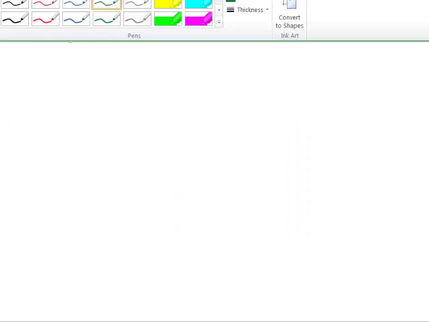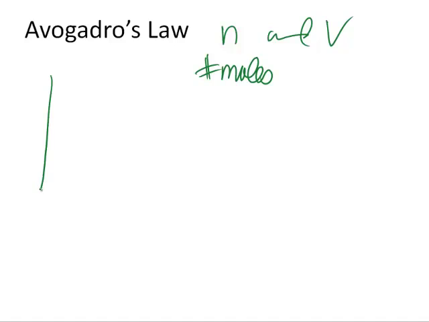The third law we can discuss is Avogadro's law. Now we remember Avogadro's number. That had to do with the number of atoms in a mole. So it's not surprising that Avogadro's law describes the relationship between number of moles, n, as we're going to call it now, and volume. This is probably the easiest to come up with. If you blow more air molecules in a balloon, what happens to the volume? Of course it increases.